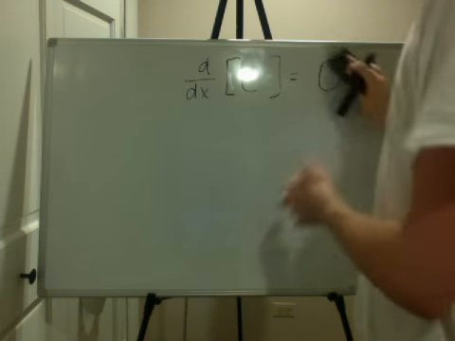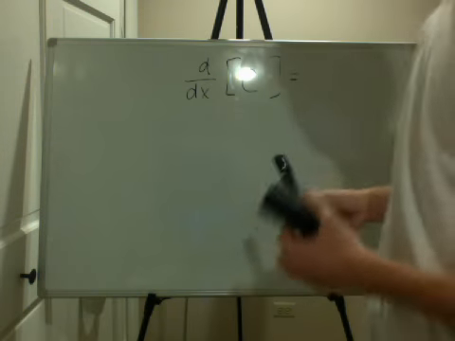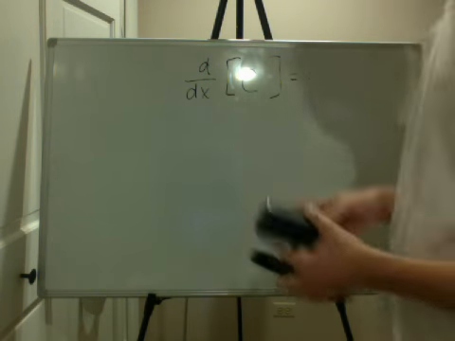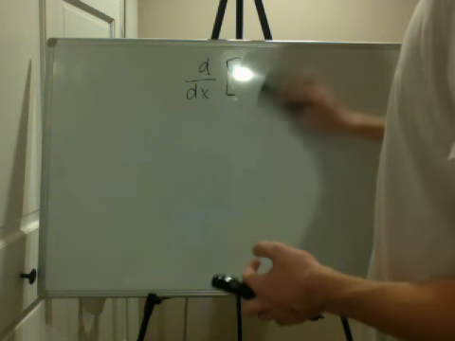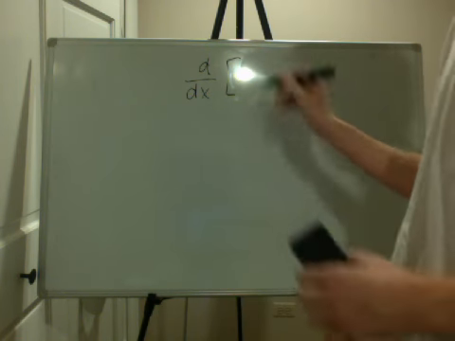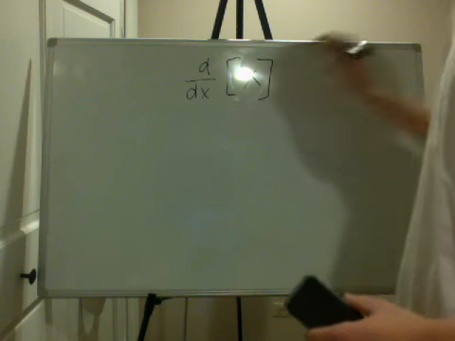Alright, the next one we'll talk about is the power rule. The power rule is when a function is just a variable, or it's a variable to a power. So for this example, first off, we should just say, what is the derivative of x?